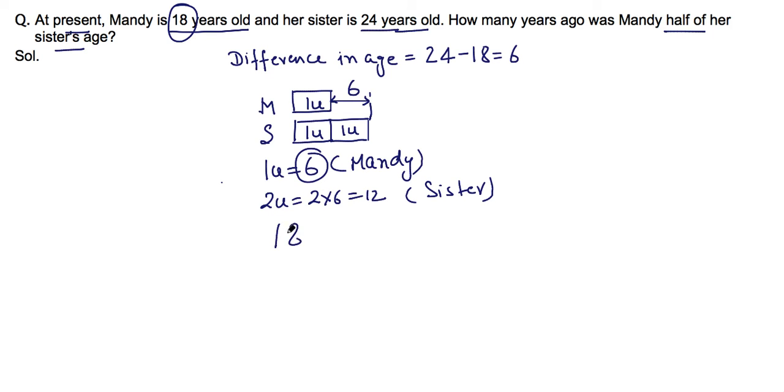Just subtract. Right now she is 18, just minus 6, and that will give you 12. That means 12 years ago, Mandy was half of her sister's age.